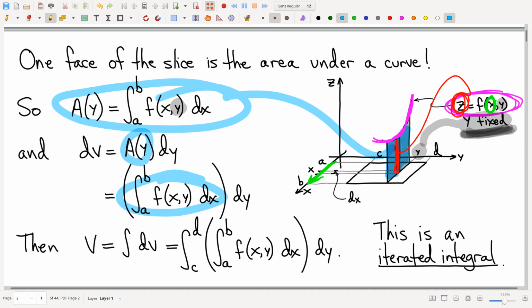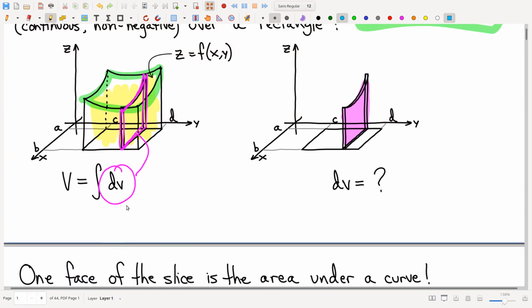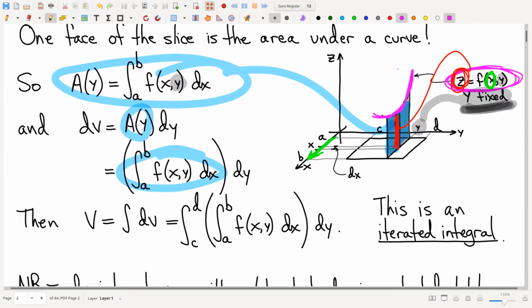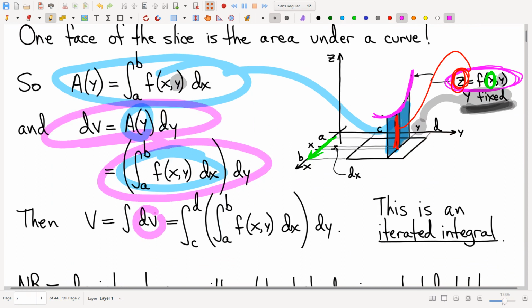And we were interested in computing the little slices of volume. Let's see here. I guess I used purple. Yeah. Okay, so these little slices of volume right here. Area times thickness. Right there.